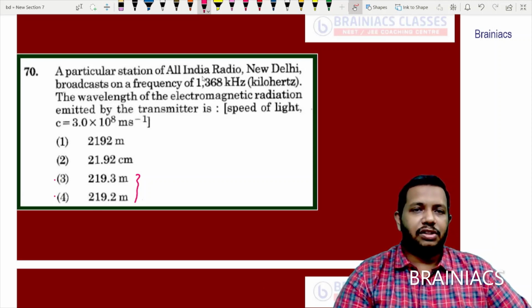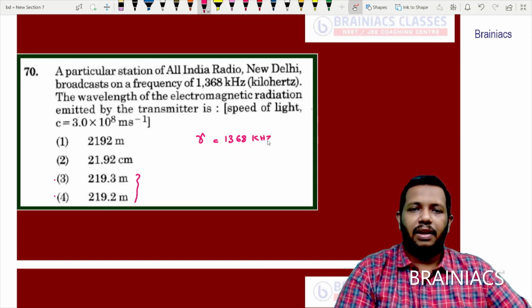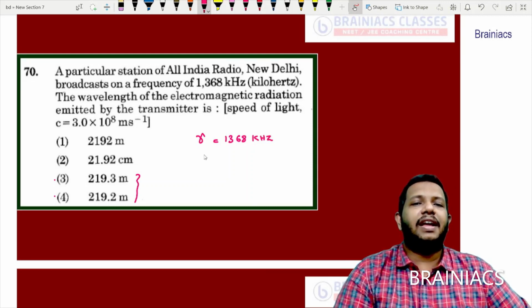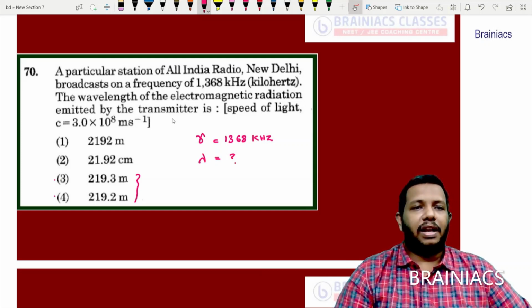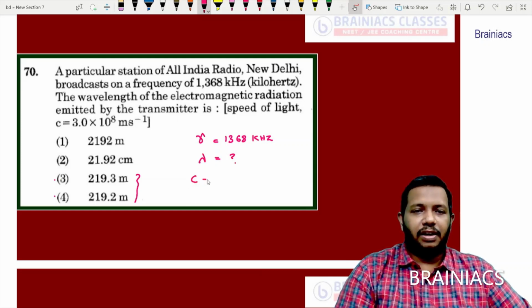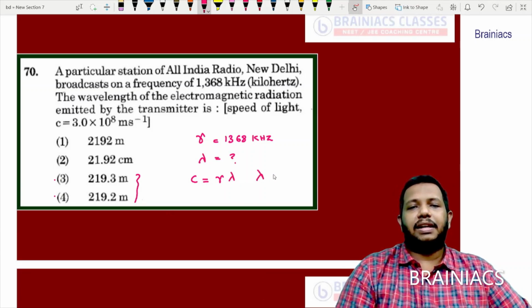A particular station, All India Radio New Delhi, broadcasts a frequency of 1368 kilohertz, and we need to calculate the wavelength of the electromagnetic radiation transmitted. We know the fundamental equation c equals nu lambda, which we need to apply. So lambda is nothing but c by nu.